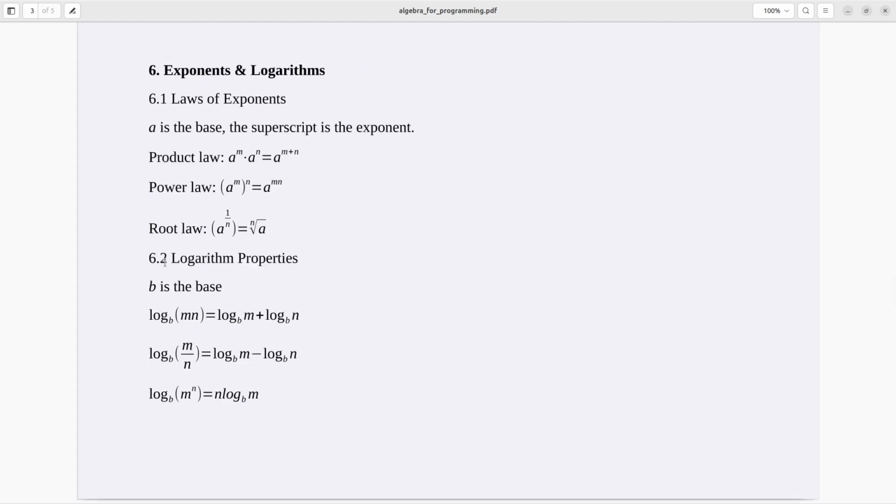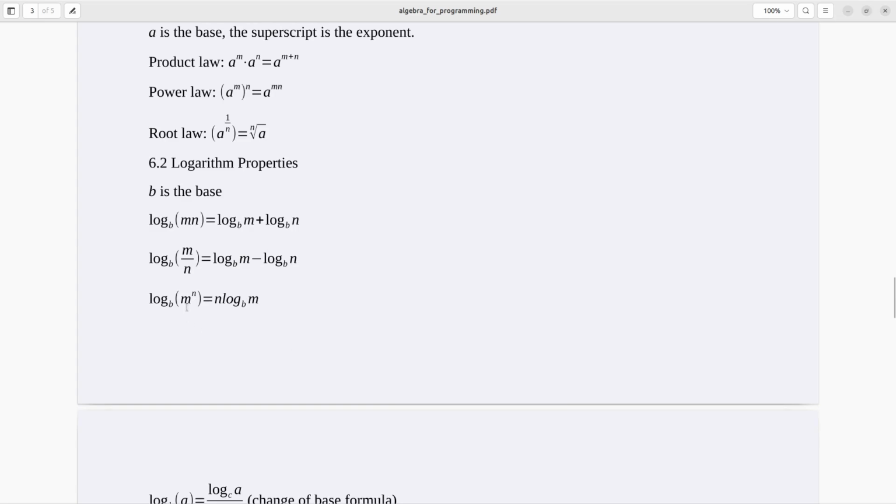So we have another property called the logarithm property. When we use logarithm, the little b here is the base of our logarithm. If we have the logarithm of mn with base b, it is equal to the logarithm of m with base b plus the logarithm of n with base b. So the logarithm of a product can be written as the sum of 2 logarithms.